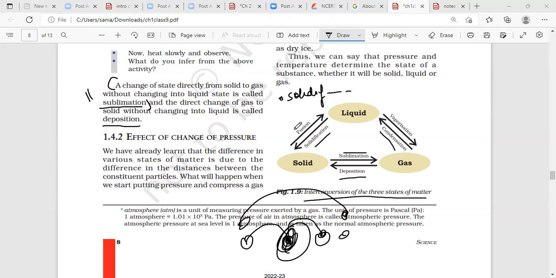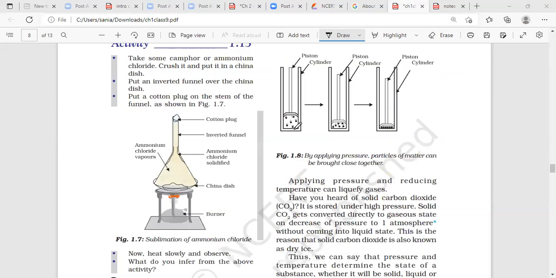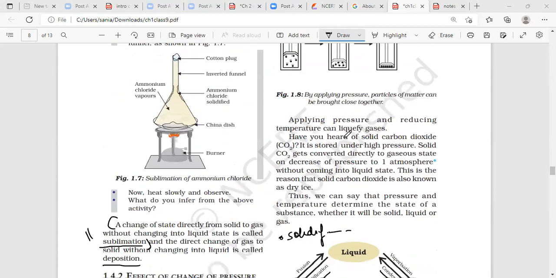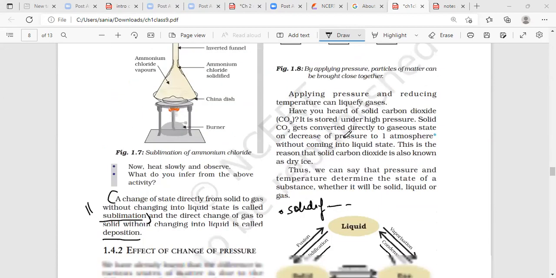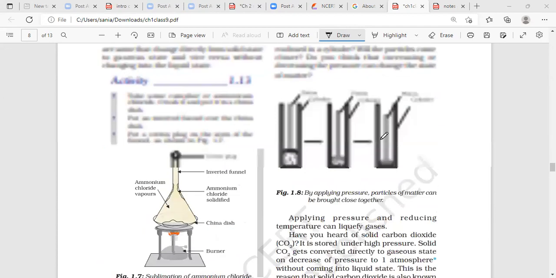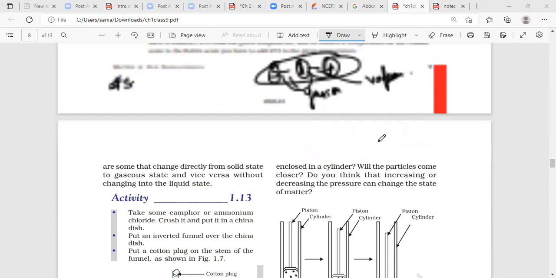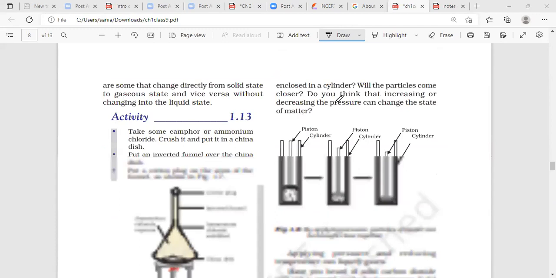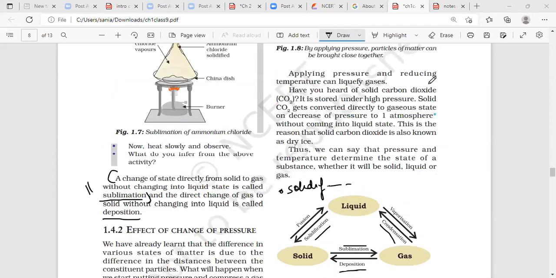Now one important thing I need to mention over here. We will first read this. Okay, this we have done. Now, have you heard about solid carbon dioxide? No? Okay.